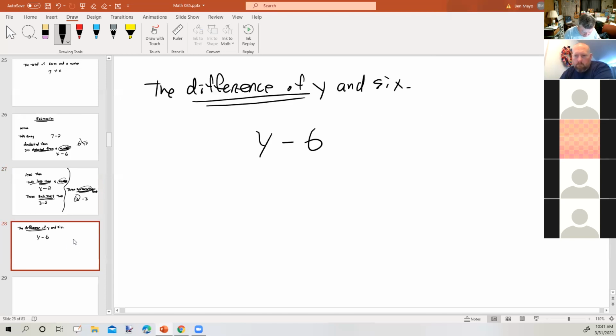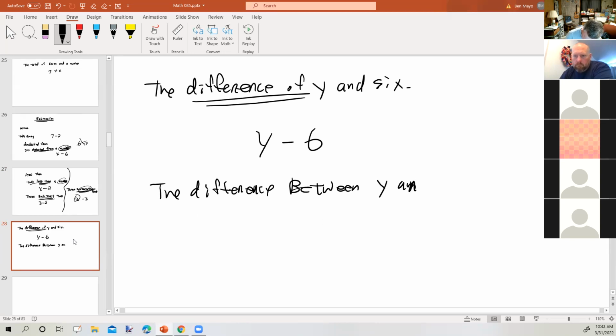Oh, we could also say the difference between y and 6, which would also be y minus 6.